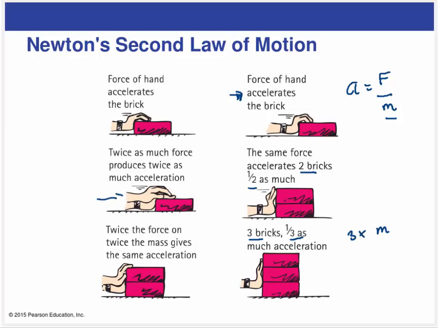If we use 2 hands on the bricks instead of just 1 brick, then the force has now doubled, so it should produce twice as much acceleration. Now, if we were to double the force and double the mass, as in this example right here, we expect the acceleration to be the same because we've doubled this and doubled this, so the acceleration is just going to be what it was initially.